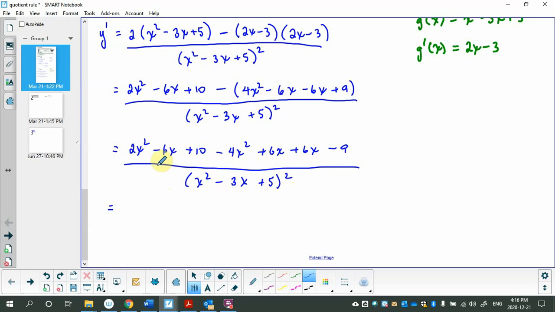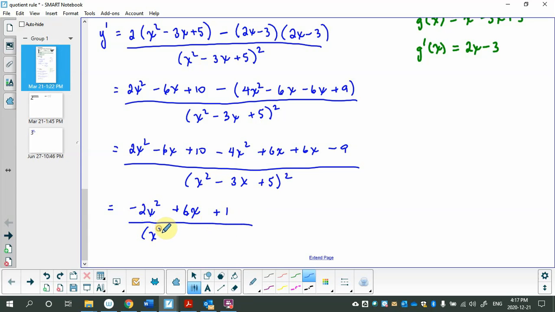And then collect like terms. So 2x squared minus 4x squared, negative 2x squared. Negative 6 and positive 6 make 0, plus another 6 makes 6x, and 10 minus 9 is equal to 1.